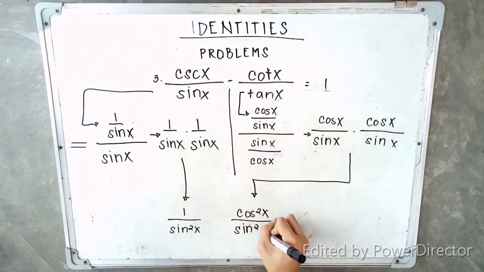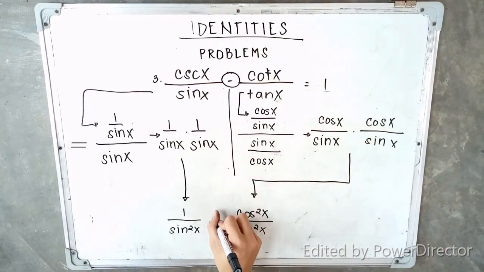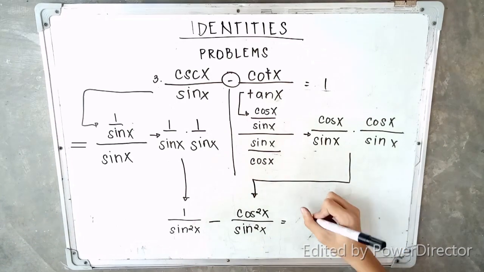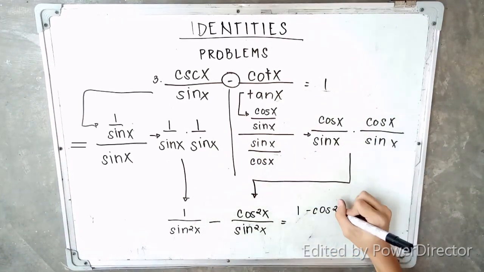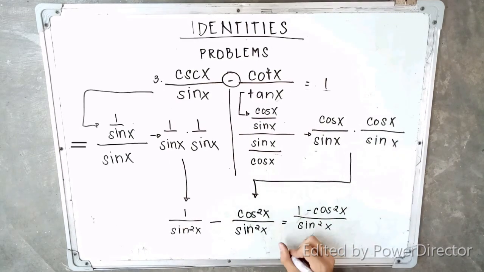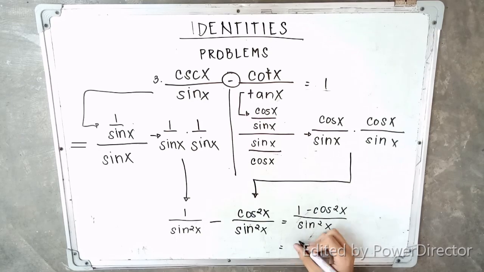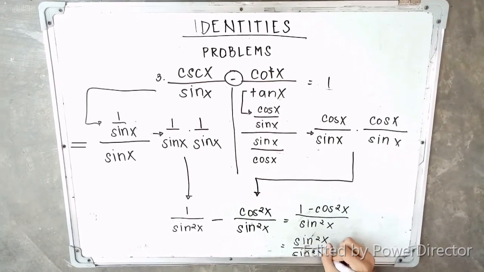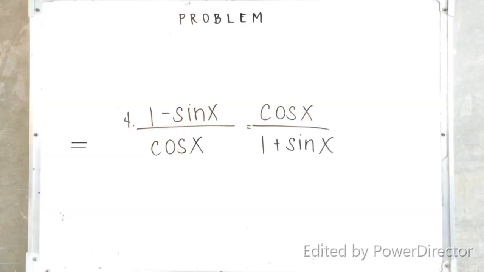So 1 over sine squared x minus cosine squared x over sine squared x is equal to 1 minus cosine squared x over sine squared x. Knowing 1 minus cosine squared x is equal to sine squared x, sine squared x over sine squared x will be equivalent to 1.